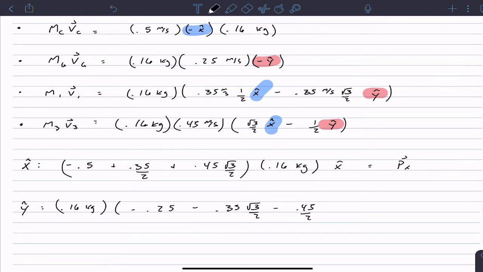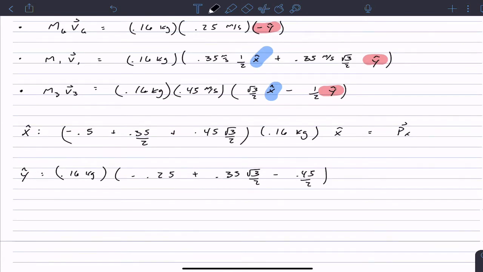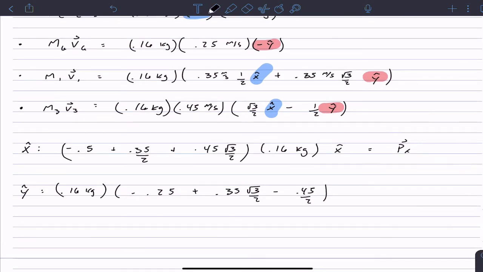I see. This should be positive. And yeah, we're good. So that's what we need. Okay. So definitely double check if you're just following along, trying to get to the answers on the homework. Definitely double check the answers here. Okay. So what did we have here? This is your y hat. This is your x hat.